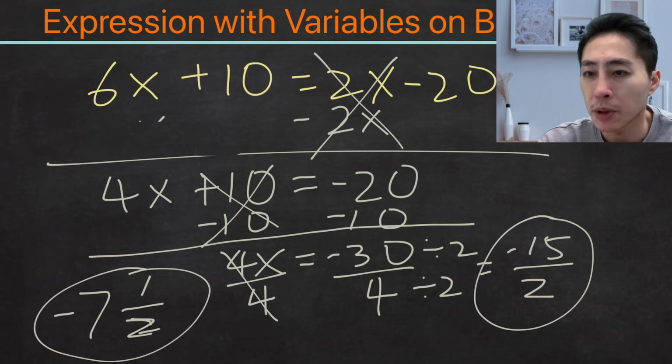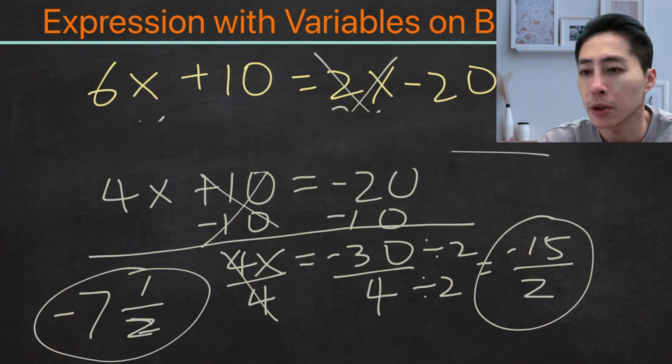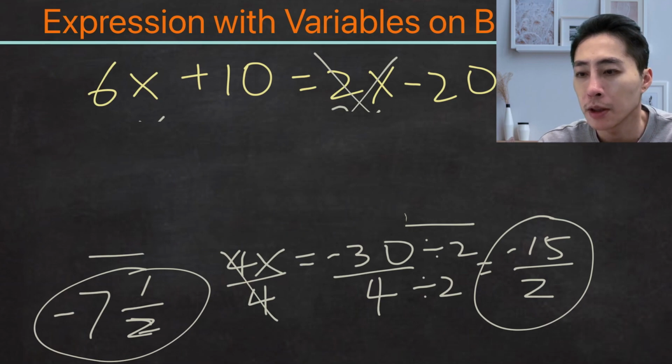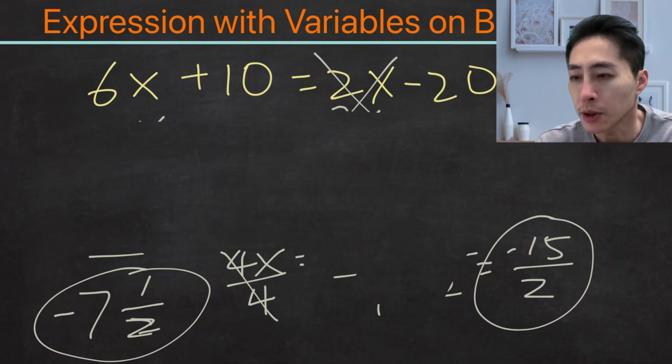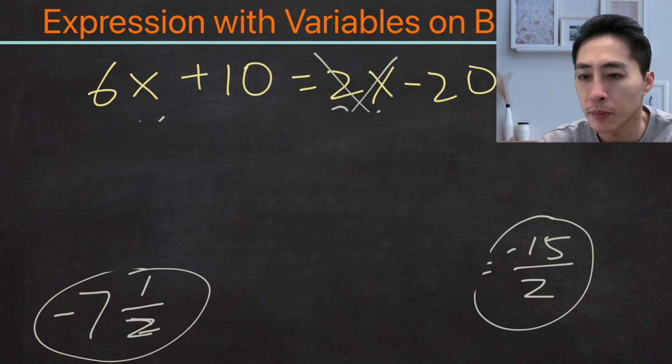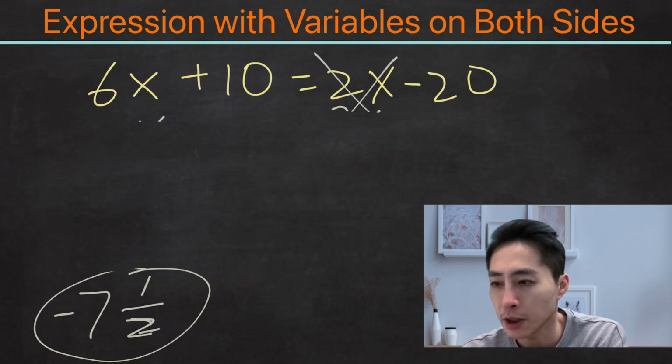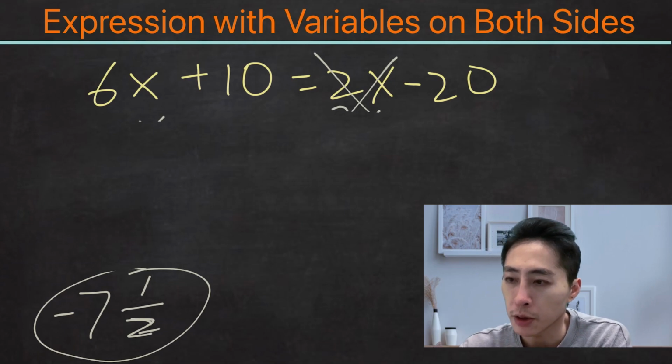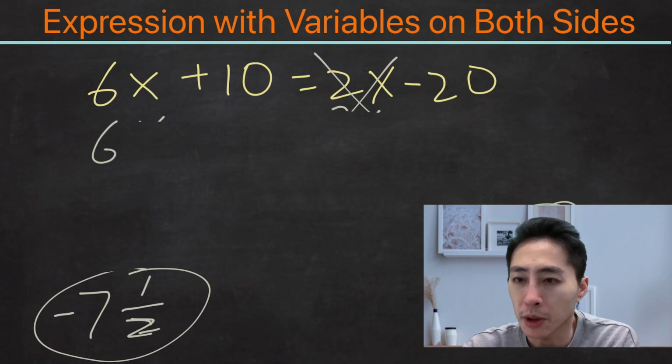So now what we're going to do is plug this back into the original equation and see if the answer is done correctly. Okay, so we're going to take the improper fraction of negative 15 over 2 here, as it's easier to multiply rather than the mixed number.